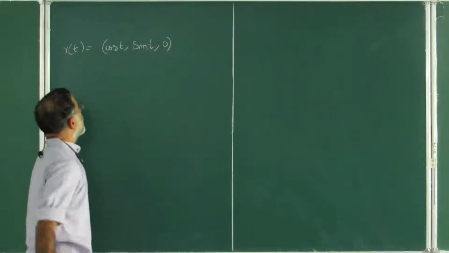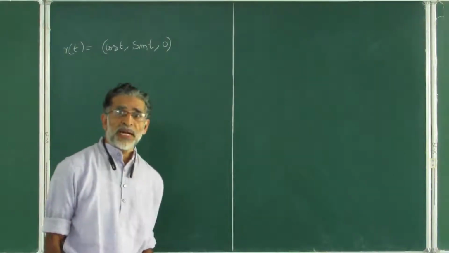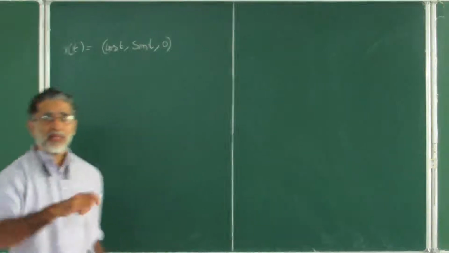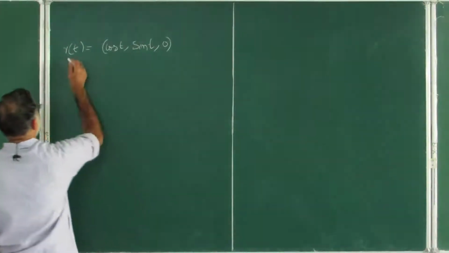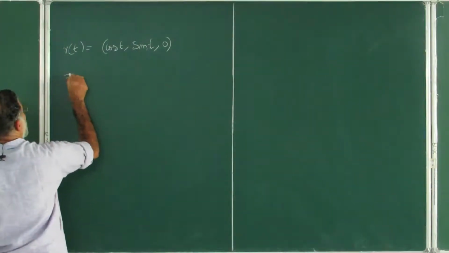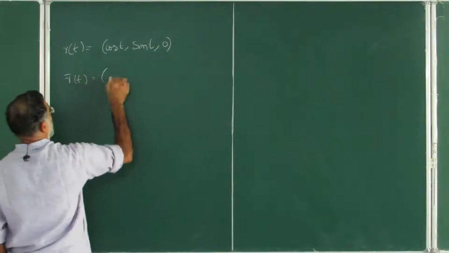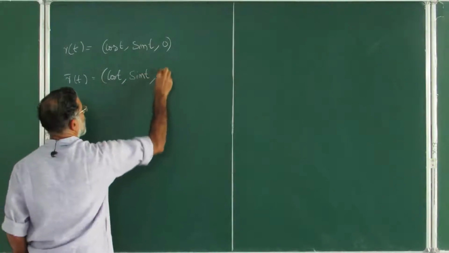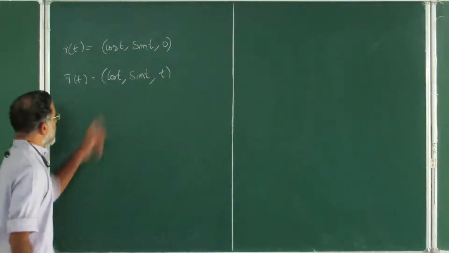This is a circle of radius 1 with origin as the center, in the xy plane. You can take another curve gamma bar of t equal to (cos t, sin t, t). So this is the helix.